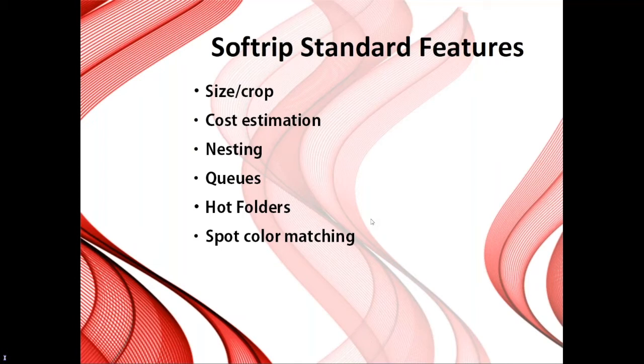We'll take a look at that briefly. Simple nesting tools to save media, use for reprinting, saving previously printed jobs. Hot folders allows you to send files remotely from any computer on the network. And some spot color matching tools that we'll take a look at. We've got some pretty powerful tools that seem to be fairly unique to Wasatch SoftRip, so we'll spend some time on that.